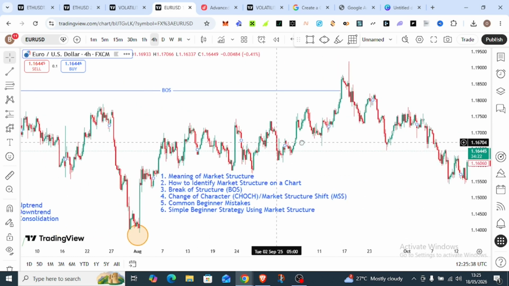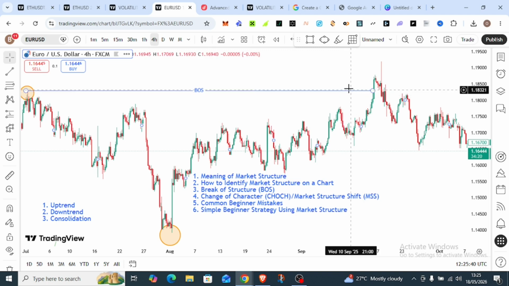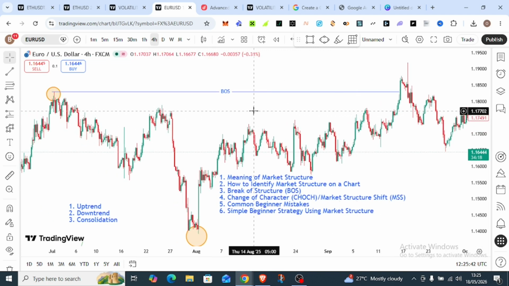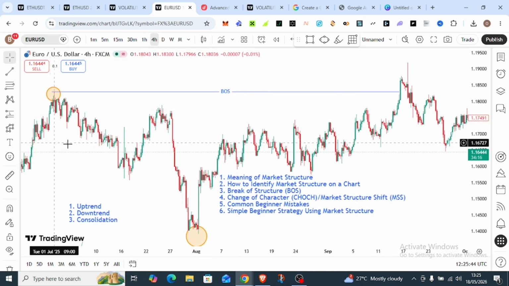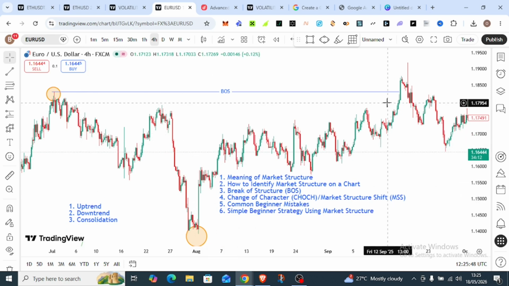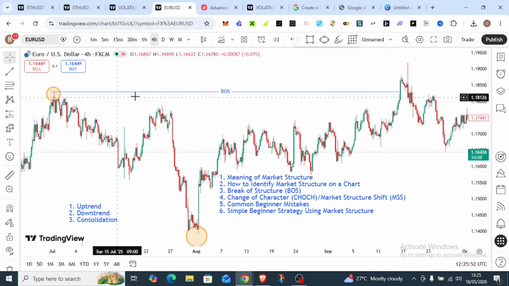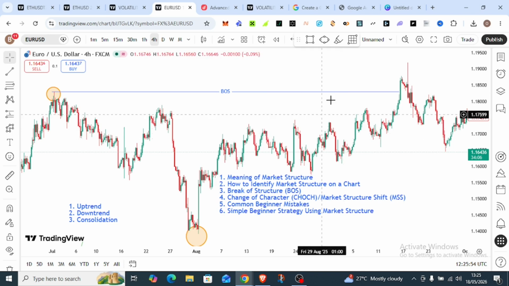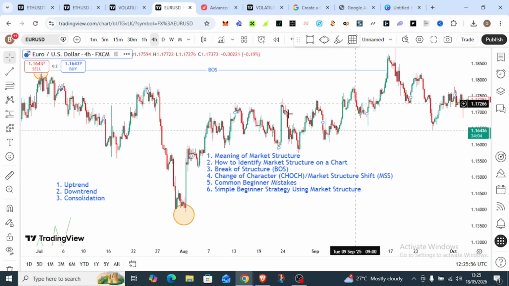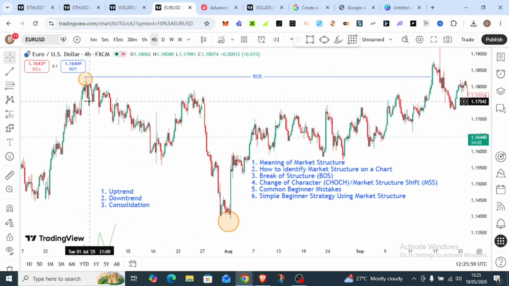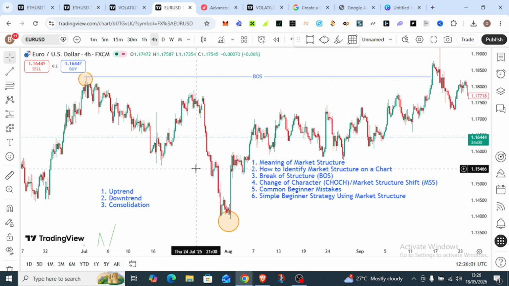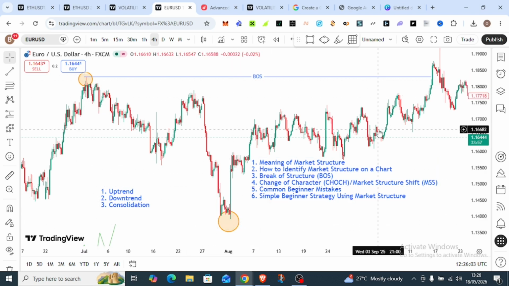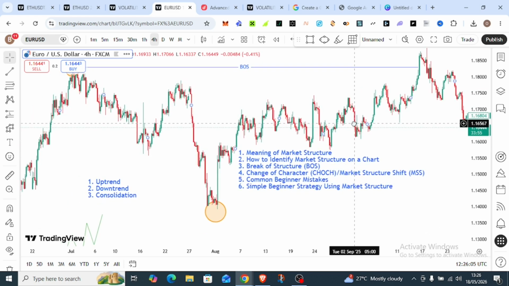So this is a break of structure because the market took out this inducement here and broke the previous high here, forming a break of structure. And we have our full structure here, and this becomes our higher high, and this becomes our higher low. So this is for uptrend.